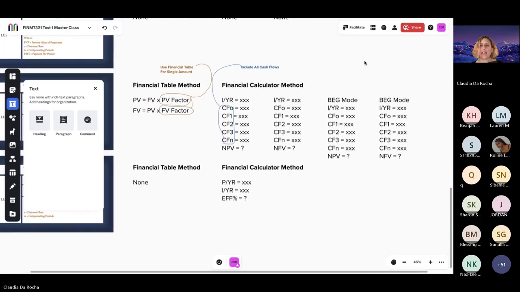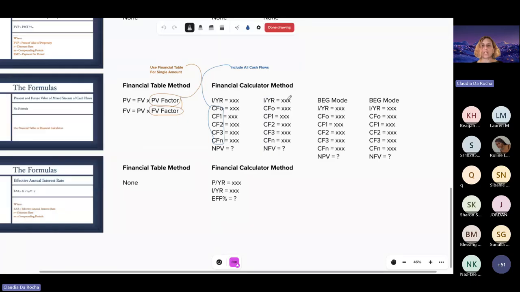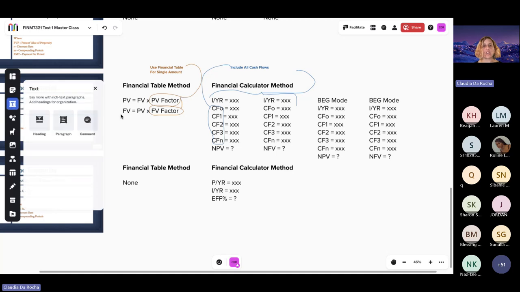Okay, and then this is what I've put here. These ones here are all for when our cash flows are at the end of the period.